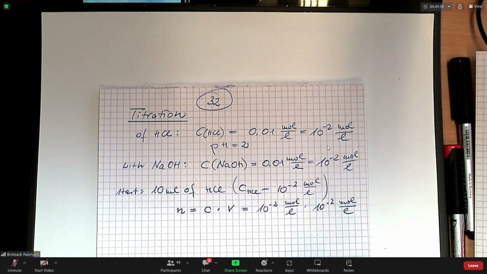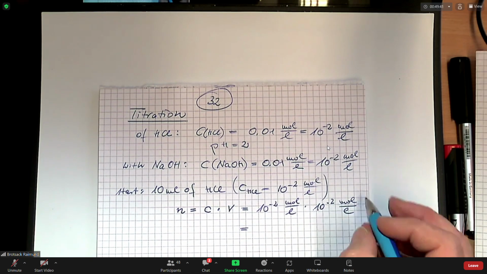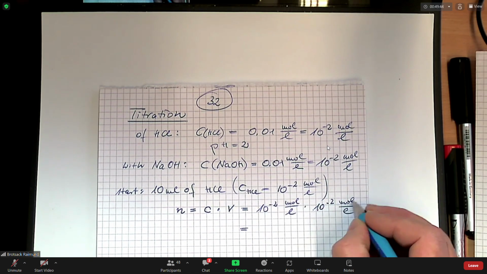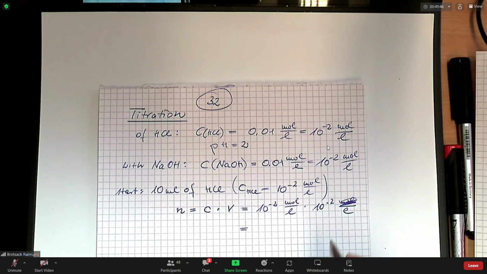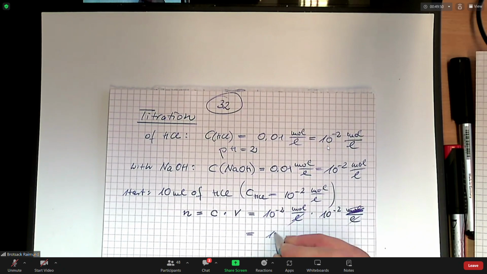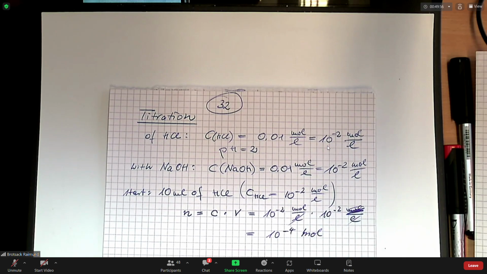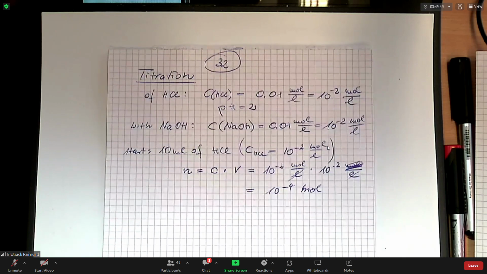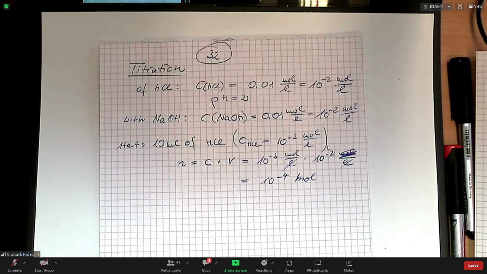Yes. That means liter, sorry, only liter, is cancelled and we have mole. So 10 to the power of -4 mole. This is the number of protons in our solution.